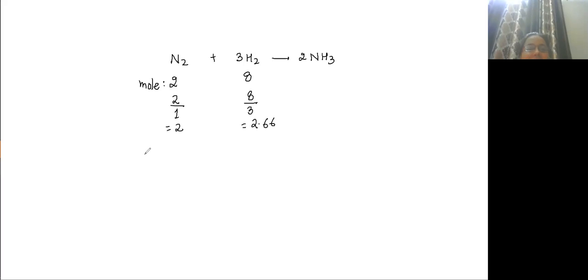So which will be LR and which will be ER? N2 is less, so N2 is LR and ER is H2.